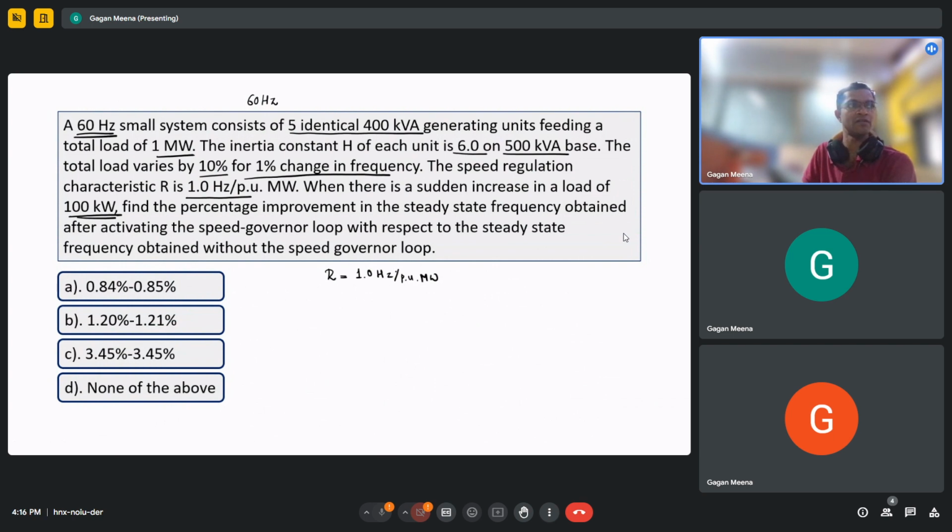Speed regulation, and because D we have calculated in megawatt per hertz, let us convert this into its actual value. So we need to multiply it by the system base. And what was the system base? Where is the system base?